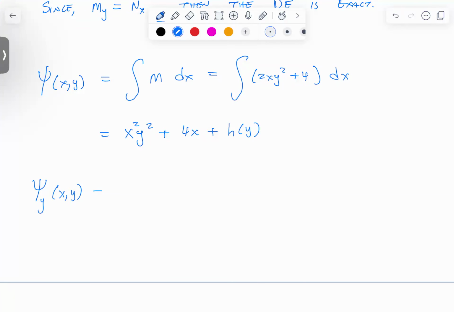So again, this is all opposites back and forth. If I integrate with respect to x, then I take the derivative with respect to y, and vice versa.